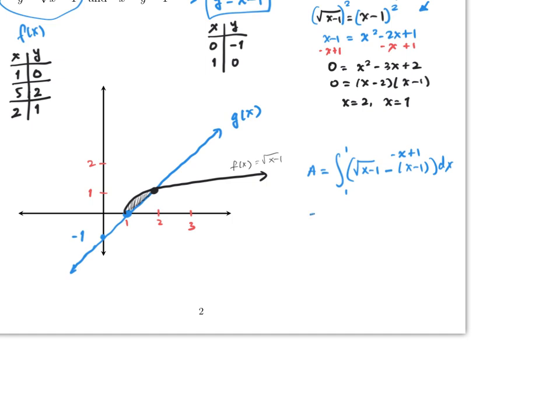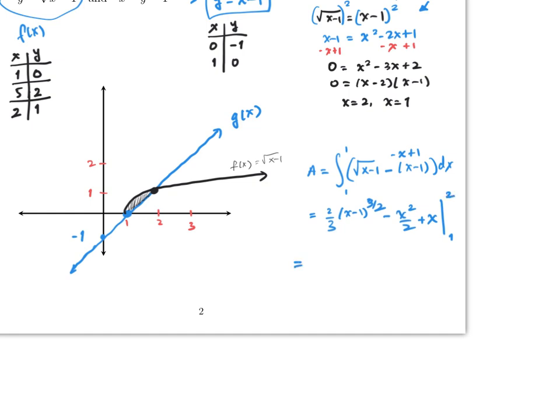so that will make it easier to integrate. If you integrate this part, it is very similar to the previous one. This should give you 2/3 times x minus 1 to the 3/2. You use substitution, and then minus x squared over 2 plus x, and the whole thing goes from 1 to 2.